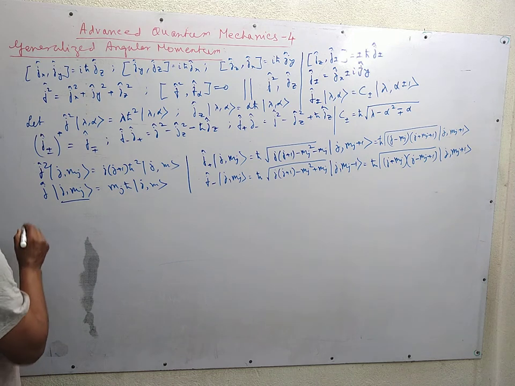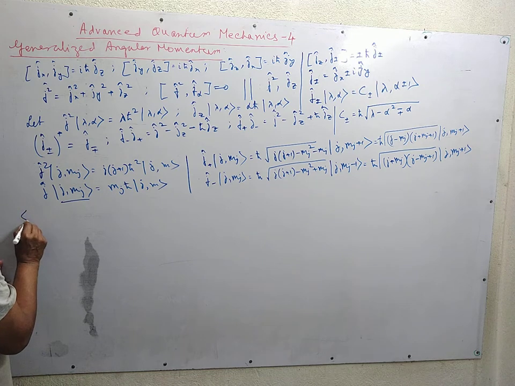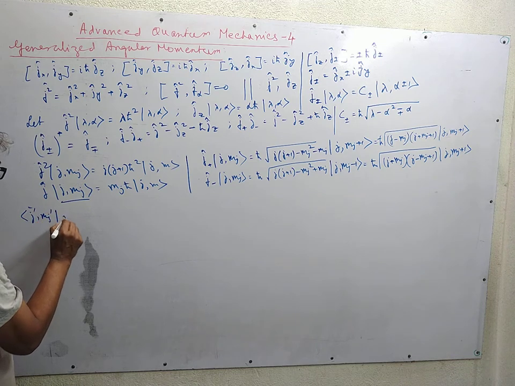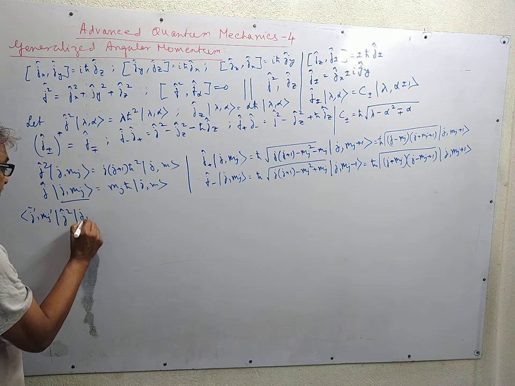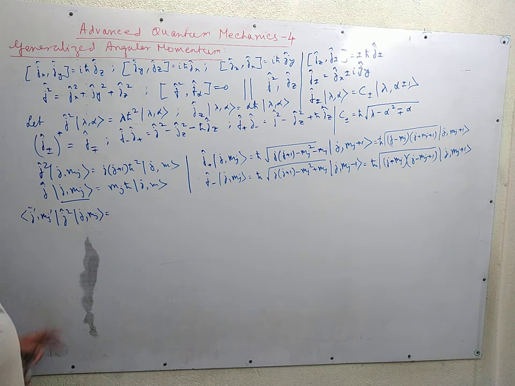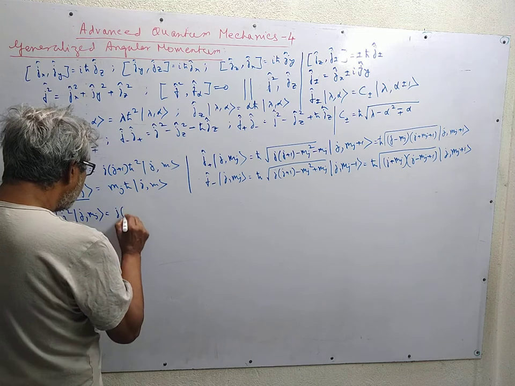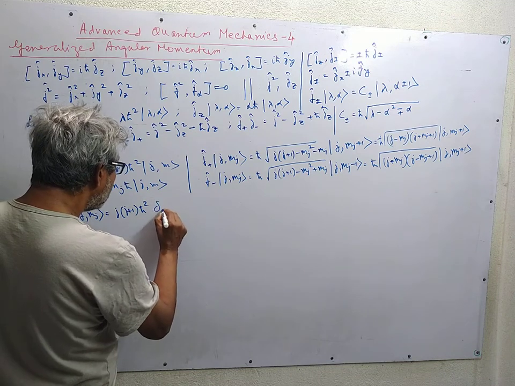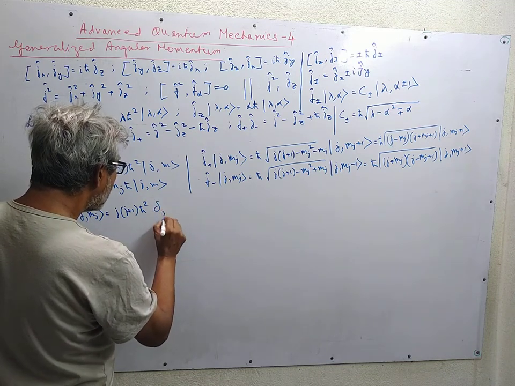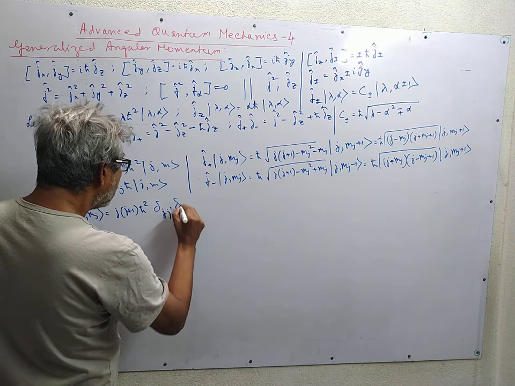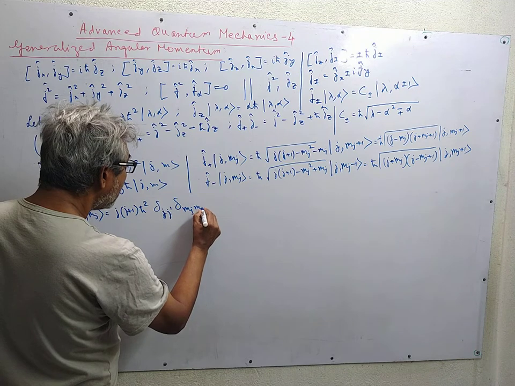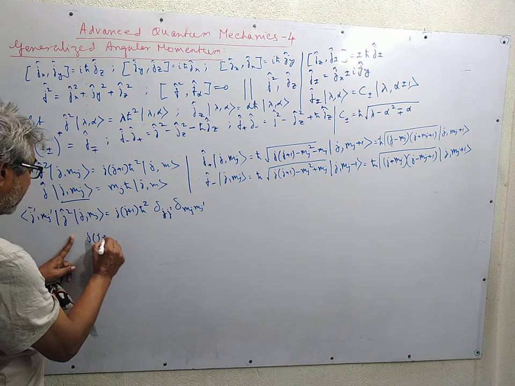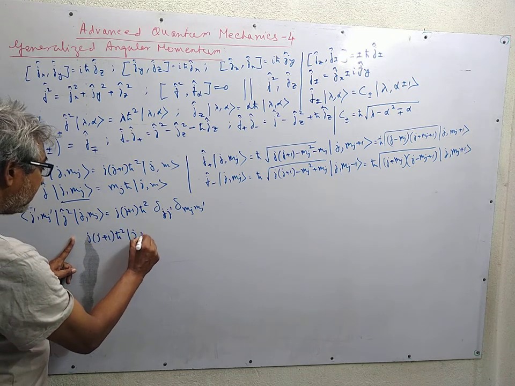As for example, if we consider the matrix element <j' mj'| J squared |j mj>, this is j(j+1) ħ squared times delta jj' delta mj mj', because when this operates on this we get j(j+1) ħ squared |j mj>.